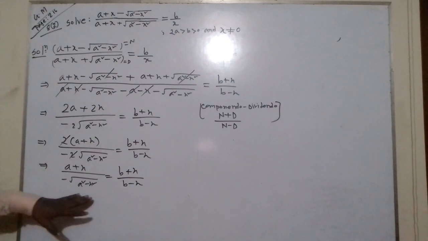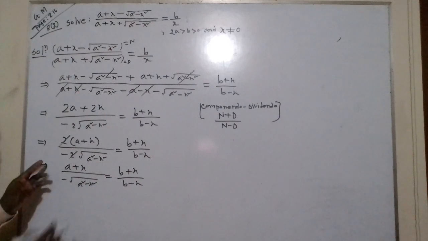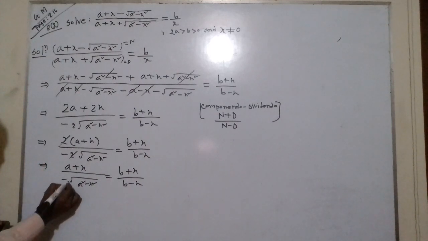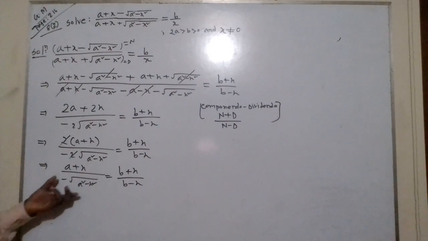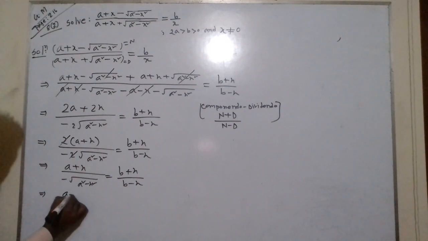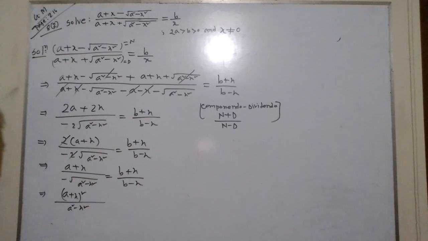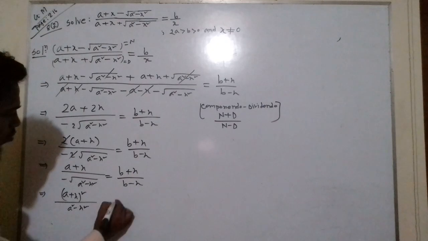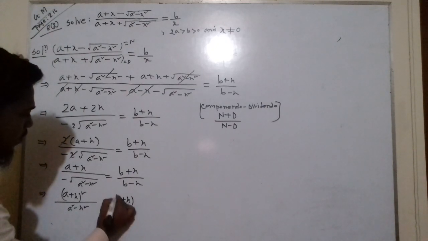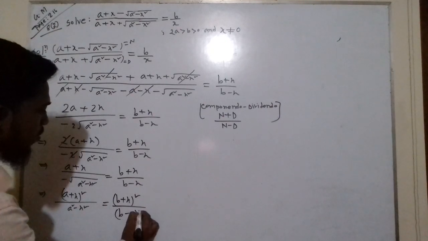If we solve this equation, we must square both sides, because we need to remove the minus root term. So squaring both sides we have a plus x whole square divided by a square minus x square equal to b plus x whole square divided by b minus x whole square.